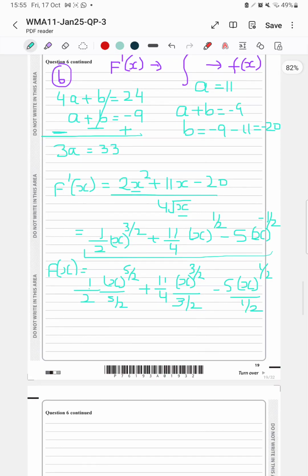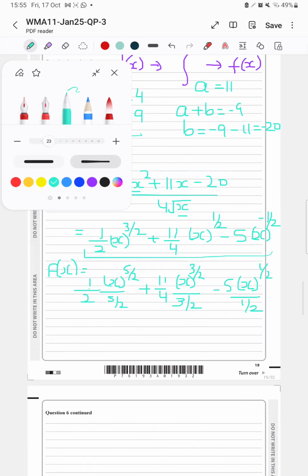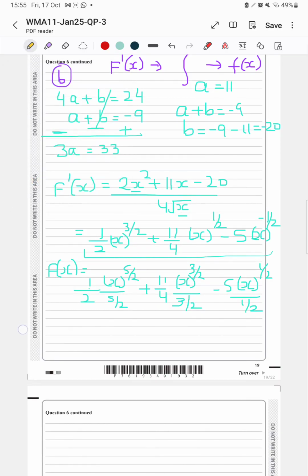When you simplify this part, what I am gonna get here is f of x is equal to, this 2 by 5 will go up, so it will be reciprocal, so we will be left with 1 by 5. How? Because 1 over 2 times 5 by 2. You can simplify it like this also, so you got 1 by 5.